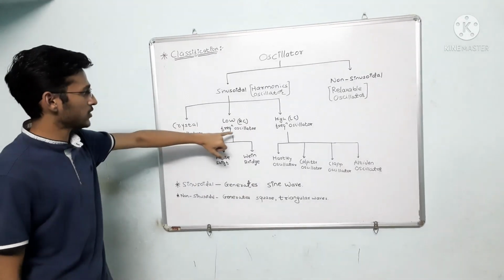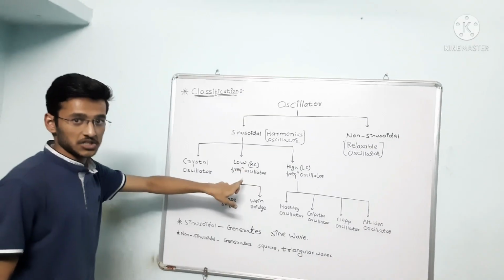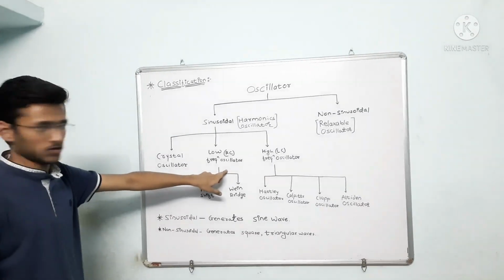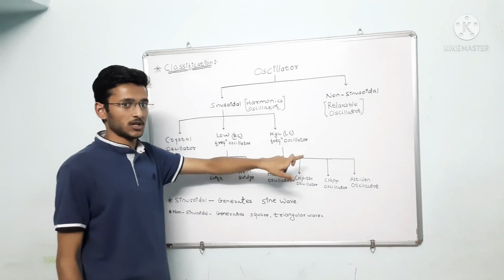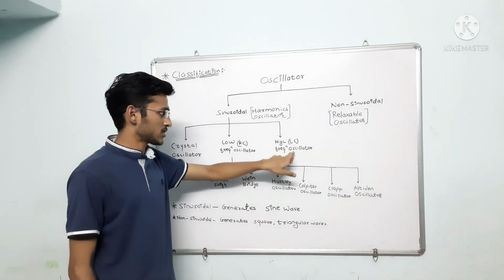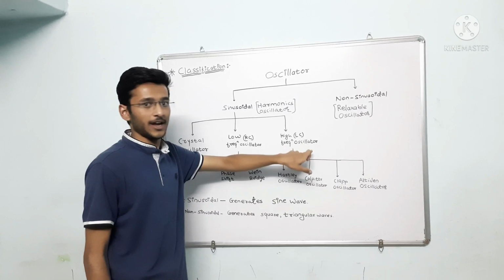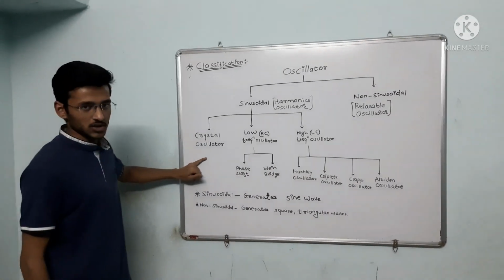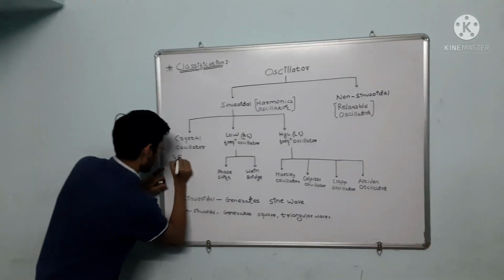Low frequency oscillators are also known as RC oscillators because we use resistors and capacitors in this type of oscillator, while high frequency oscillators are also known as LC oscillators, where L denotes inductor and C denotes capacitor, which are used in this circuit because we have to generate high frequency. The crystal oscillator is basically used to generate very high frequency.